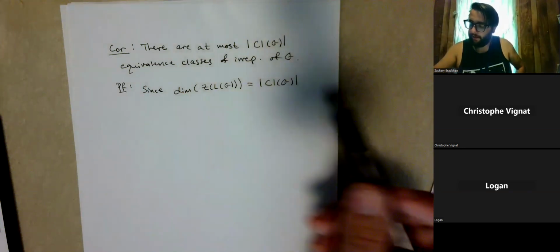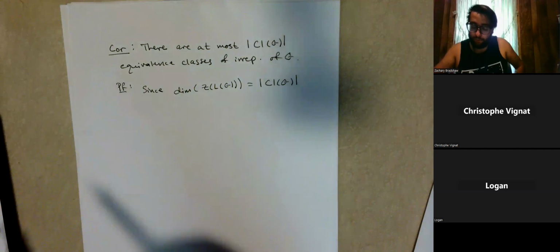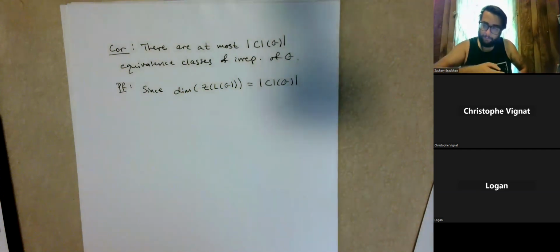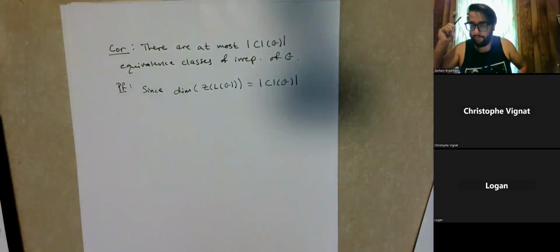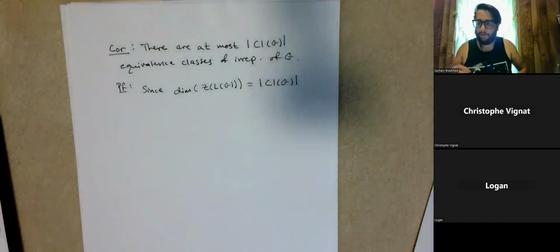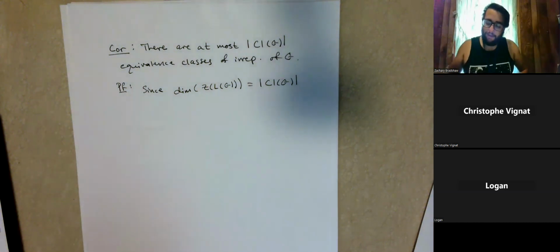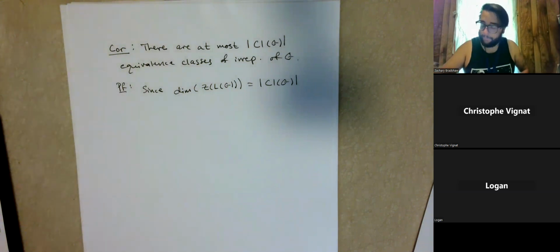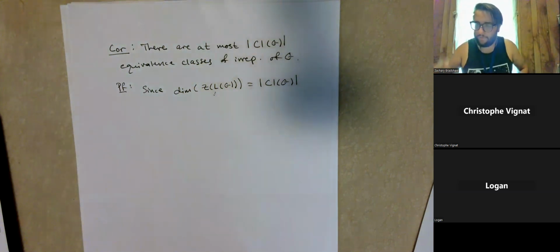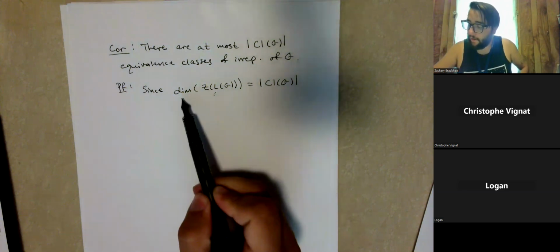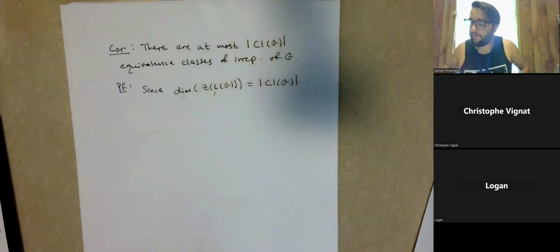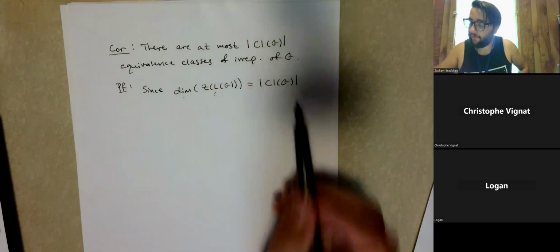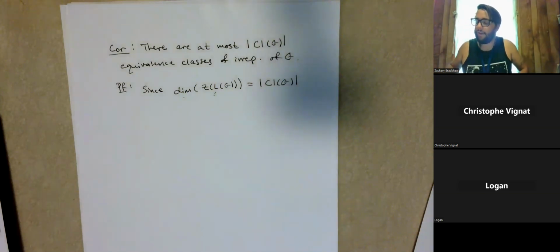So again, the orthonormality given by the previous theorem implies that the irreducible characters form a linearly independent set in the space of class functions. And so the dimension of the space of class functions being equal to the set of conjugacy classes proves the corollary.